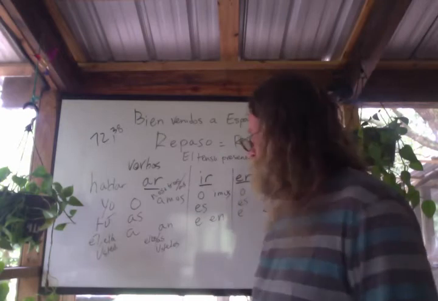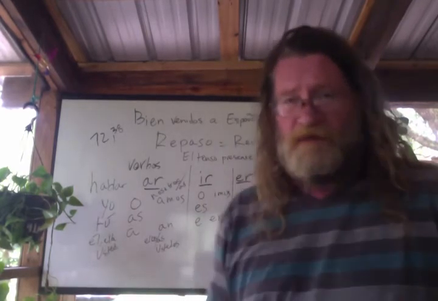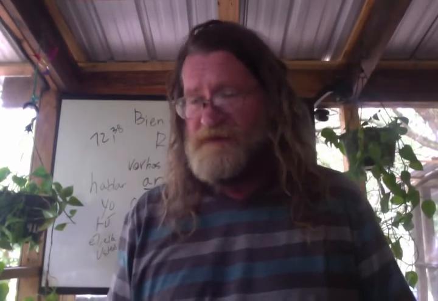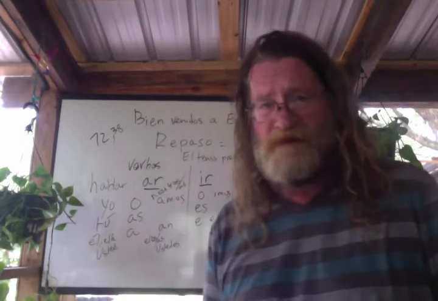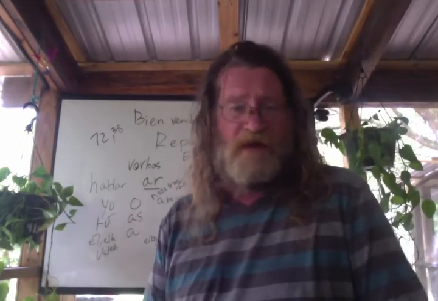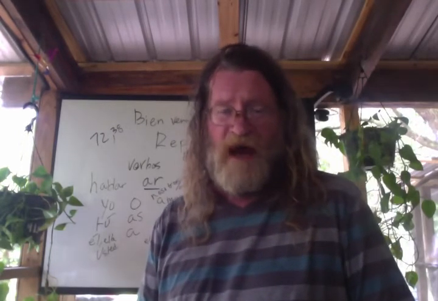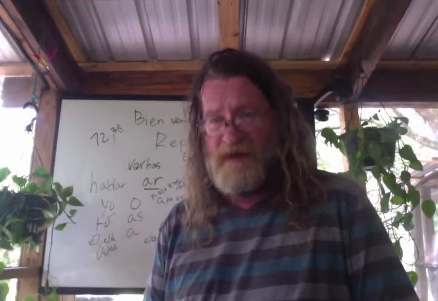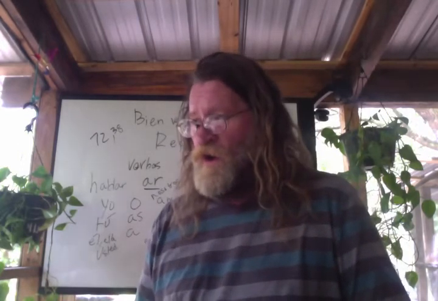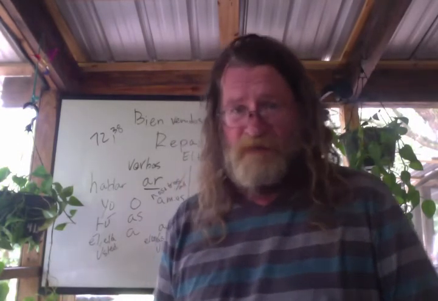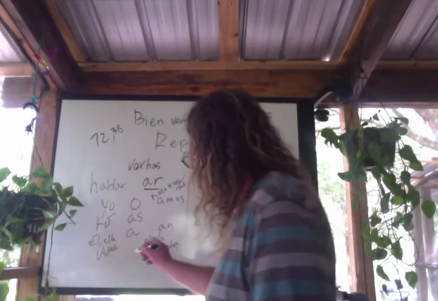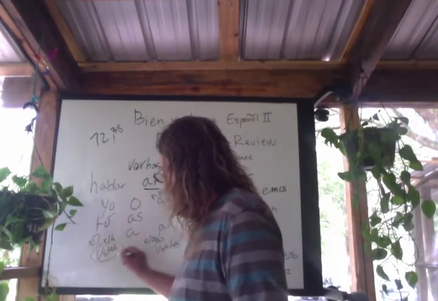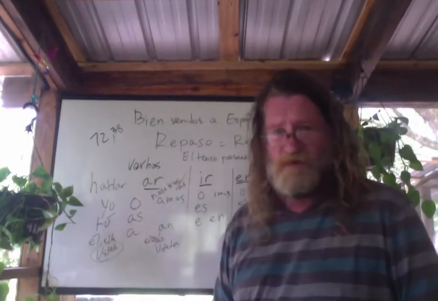Y'all go. Now in English, languages want to simplify, not just in English, but in all languages. And so in English, we have stopped using thou and thine, etc. Why? Because we simplified it. So we went to the formal, the usted part to say you.